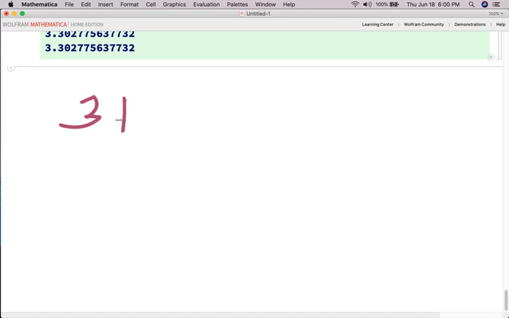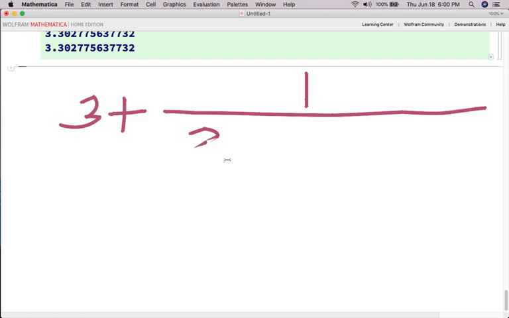Plus, okay, and then we're going to have 1 over 3. Okay, plus, yeah, the drawing tool is really kind of slow.